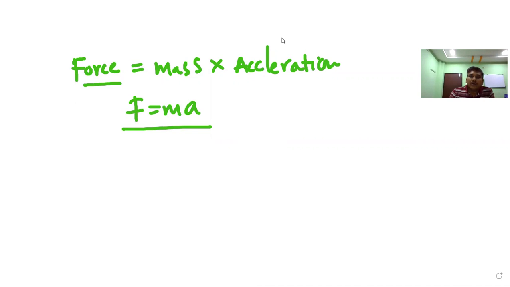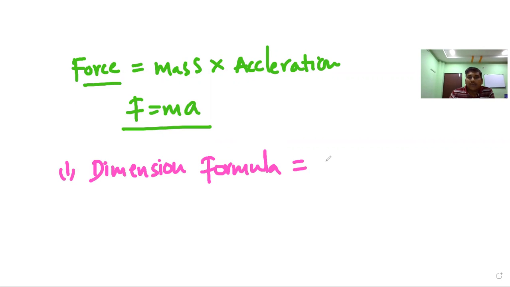Now, let us see the dimension formula of the force. So, mass is M. Acceleration is LT^-2. The force dimension formula is MLT^-2.